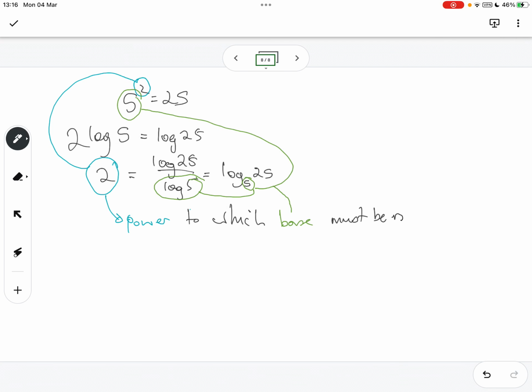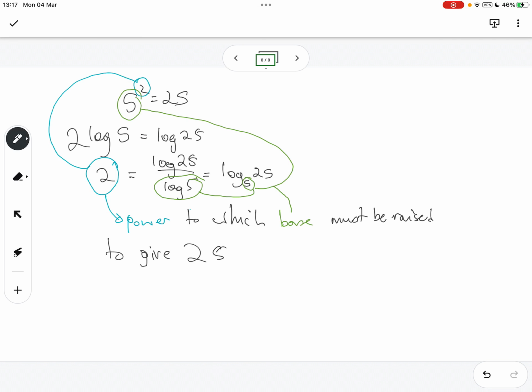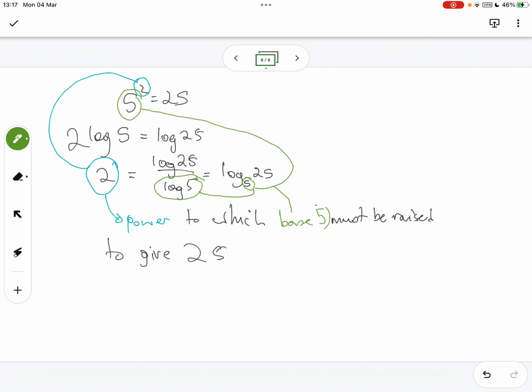So 2 is the power the base must be raised to give 25.